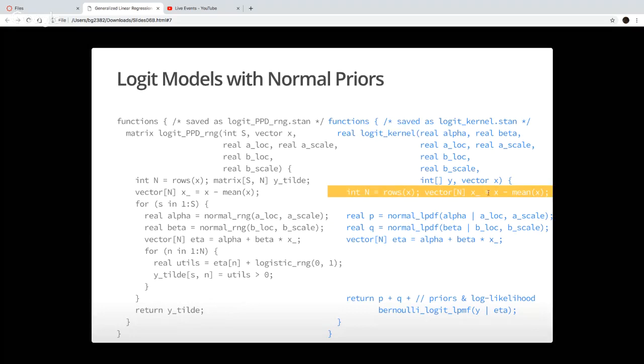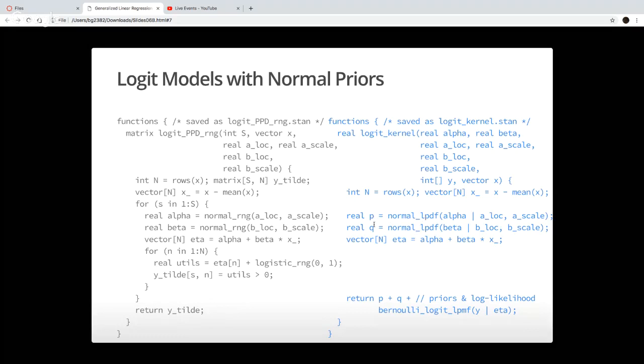So again, we center the predictor variable. Instead of drawing from a normal distribution, I'm going to evaluate the logarithm of the normal PDF at the proposed values of alpha and beta given my location and scale parameters to those normal priors. Those are just going to output scalar values.